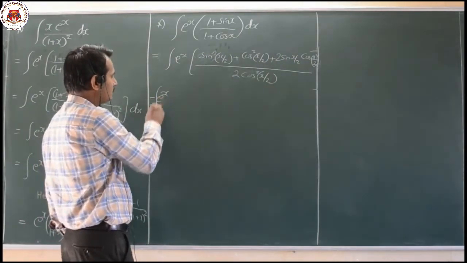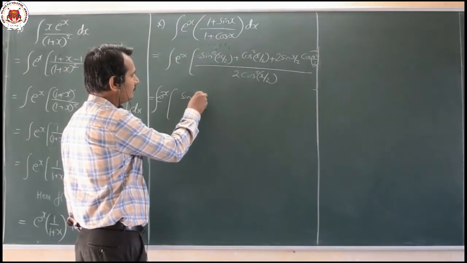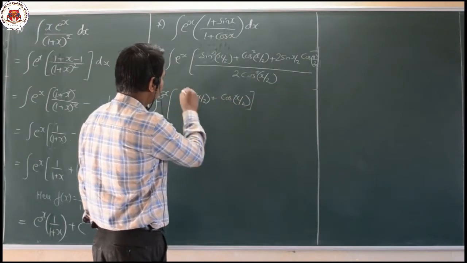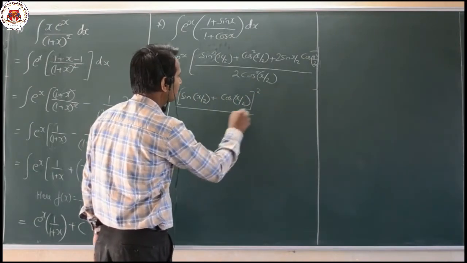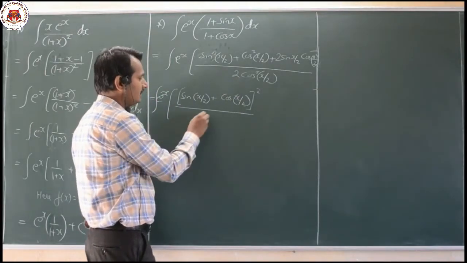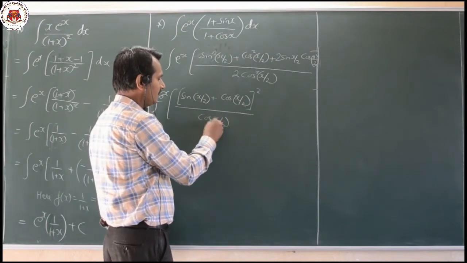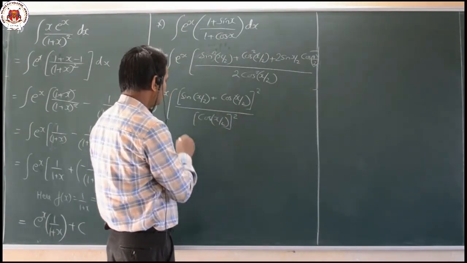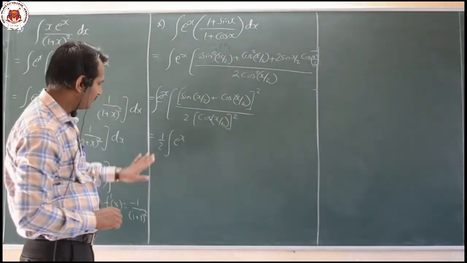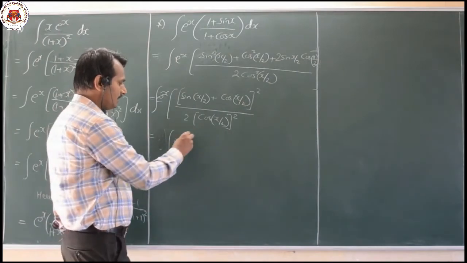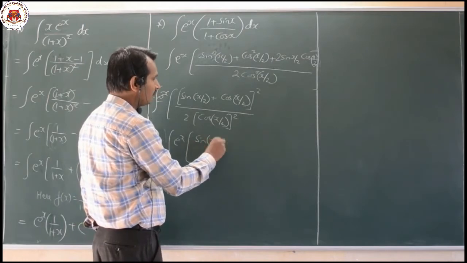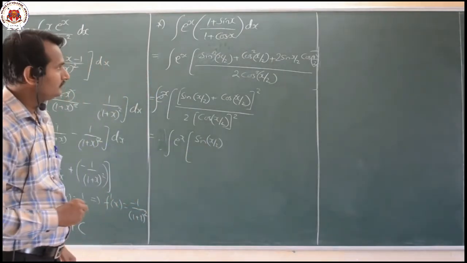That implies e raised to x into sine of x by 2 plus cos of x by 2, whole square, divided by 2 cos of x by 2 whole square. I can take 2 common outside, which I can write as 1 by 2 into e raised to x, or else you can take 1 by 2 here only, e raised to x into this whole term divided by this value. What we get here is sine of x by 2.